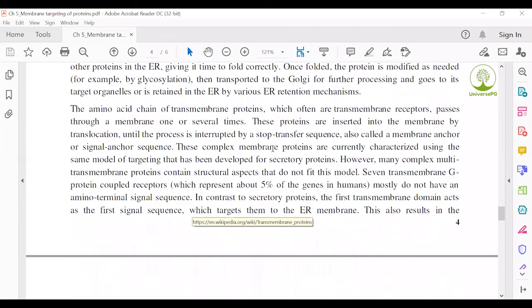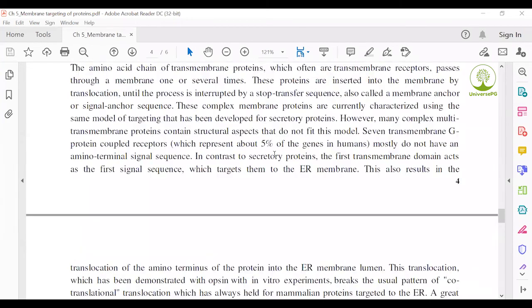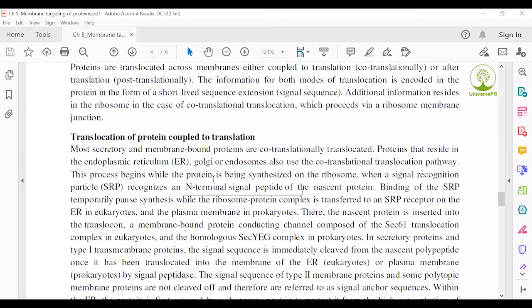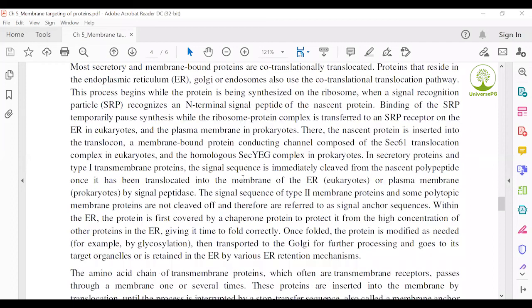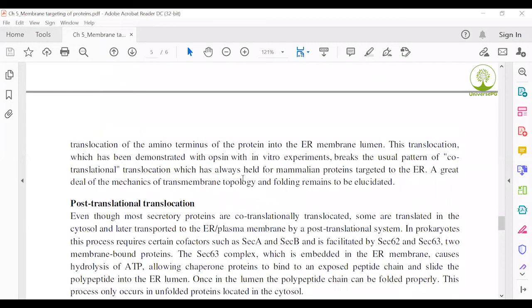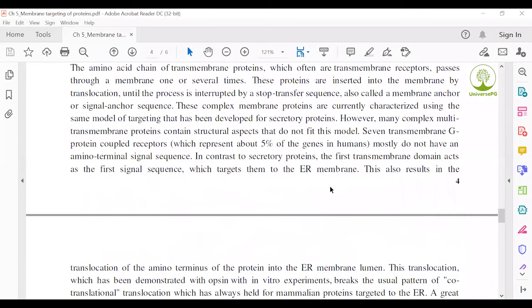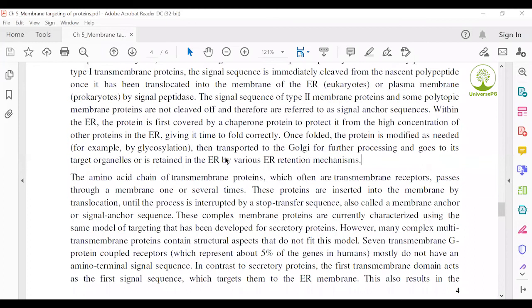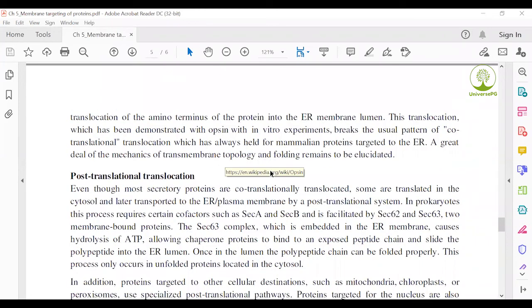I will provide a diagram of the translocation of protein coupled to translation. It is missing now in your sheet. This diagram represents an easy way to describe the process.